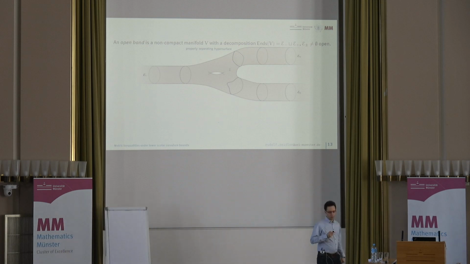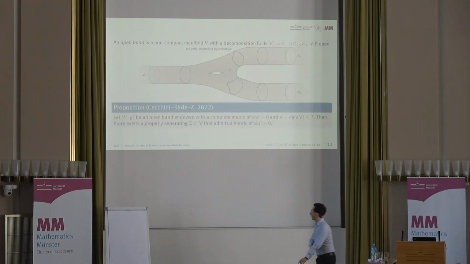Okay, and then we have a technical result obtained together with Simone Cecchini and Daniel Rede, which tells us that if we have an open band and a complete metric of positive scalar curvature, and we are in dimension up to 7 in order to apply minimal hypersurface methods, then there already exists a properly separating hypersurface which in itself admits positive scalar curvature.